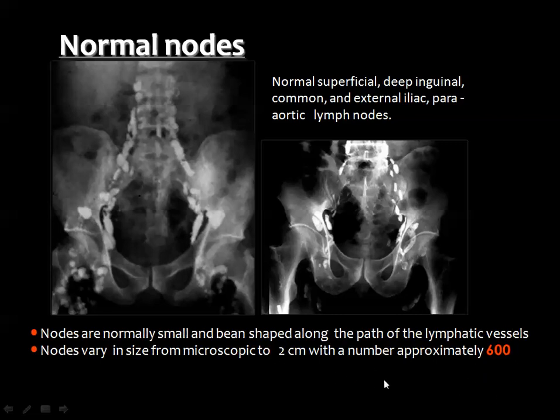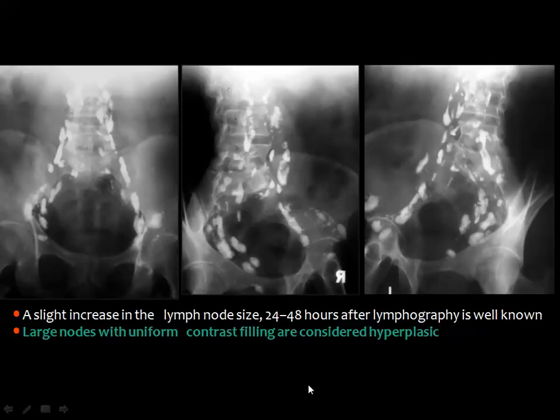Then we have a frontal radiograph for the abdomen and oblique views in order to have the lymph nodes away from the spine so that we can evaluate the nodal size and the pattern of contrast filling.